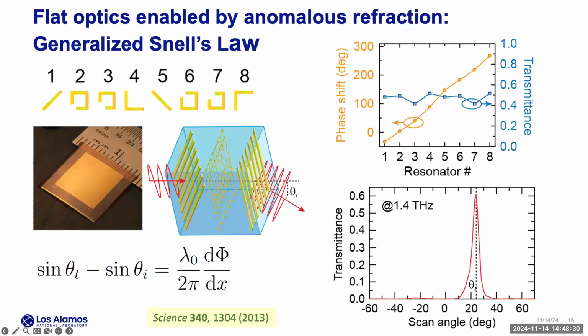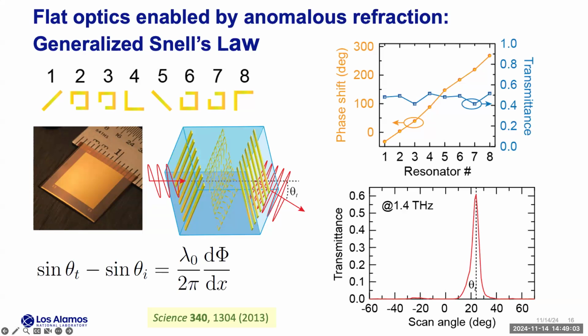Okay, so one, I guess, final example is the development of what we call flat optics. And again, this is enabled by controlling the phase, using our little resonators to control the phase, and using the concept of a generalized Snell law, where basically the refractive beam depends on the derivative of the phase with respect to one of the directions.